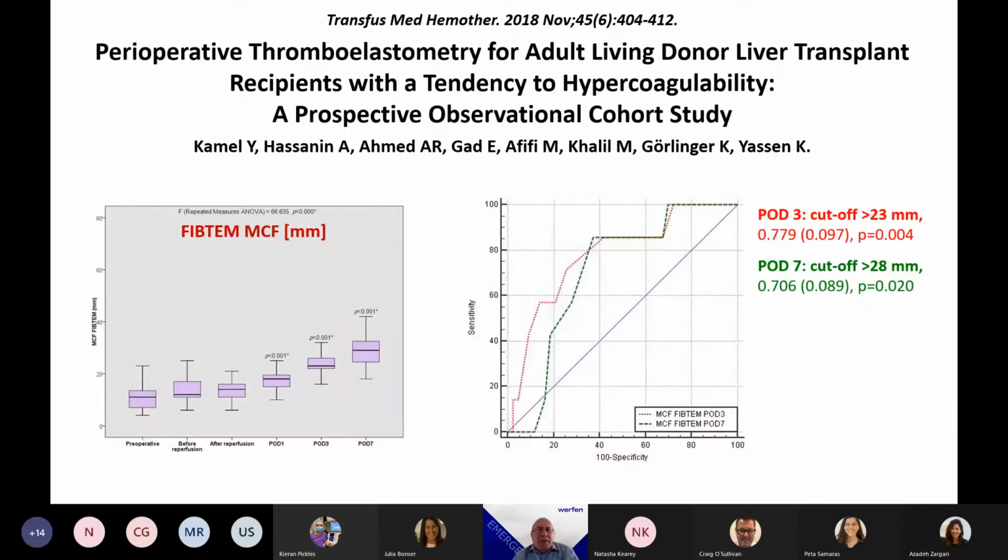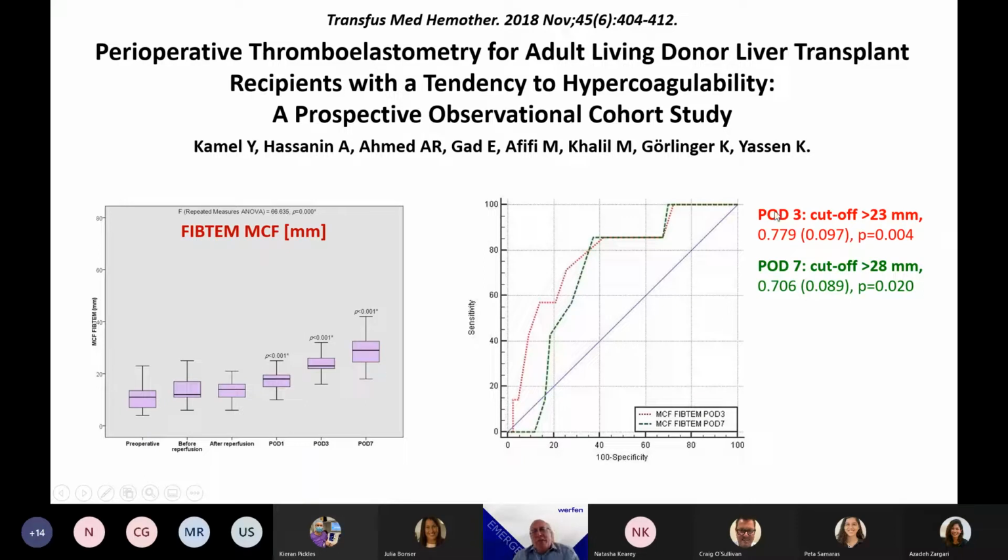And very similar results from the group of Khalid Yassin, who worked in Egypt and is now working in Saudi Arabia, showed that also when we look at the tendency or the change in levels, that's intraoperative FibTem values, and then even in this study, we looked at the FibTem values at day 1 after surgery, day 3, and day 7.